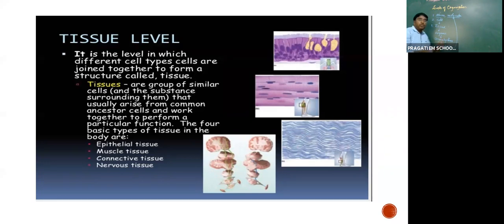It tells us about only one living organism. Okay, children. So it is called lower level of organization. Why? Because it tells us about only a single individual.